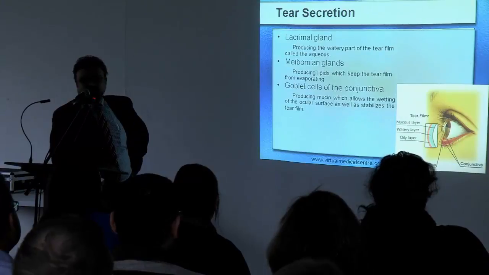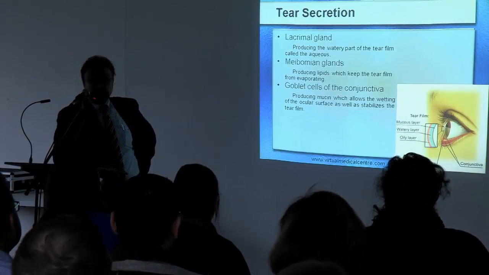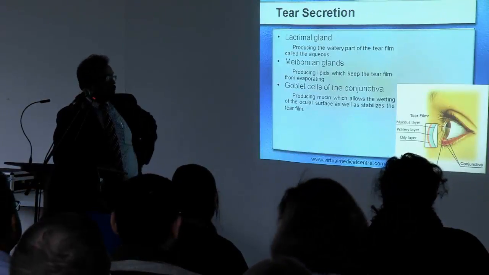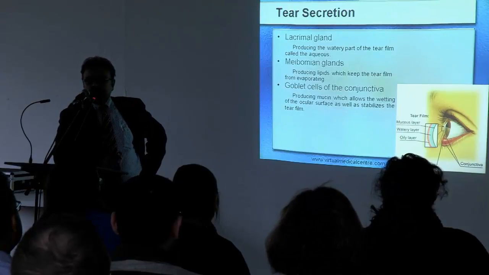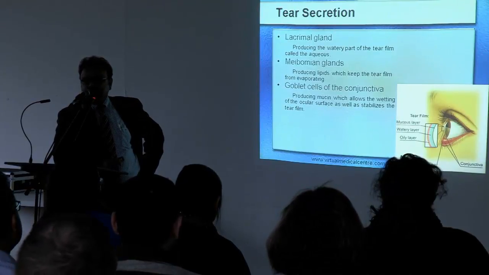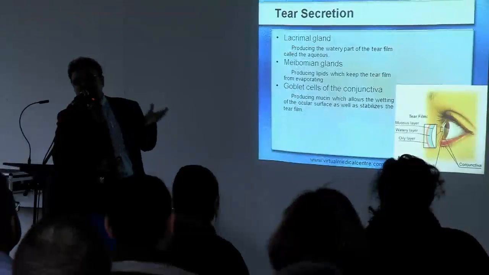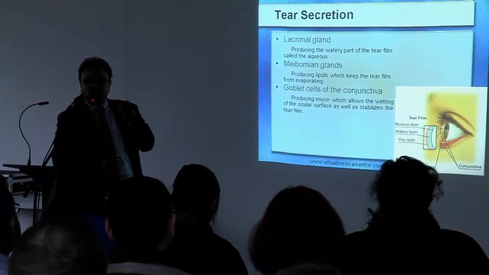So the different glands that constitute tears are the lacrimal gland, the meibomian glands which are on the lid margin, and the goblet cells on the conjunctiva which produce mucin. So the tear that you see is actually quite a complex structure, simplified into 3 layers. The mucus layer which holds it to the surface of the eye.